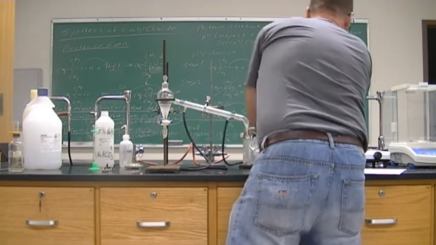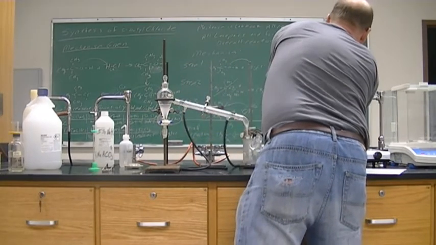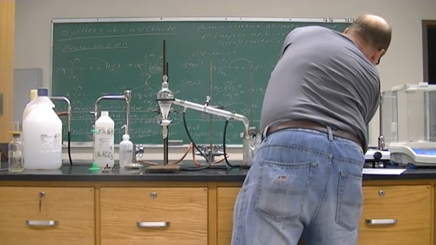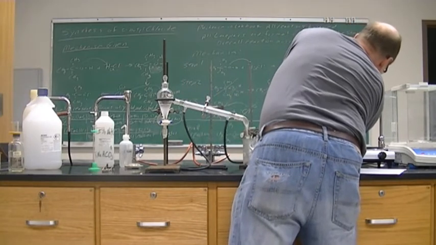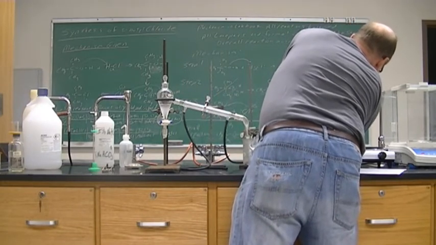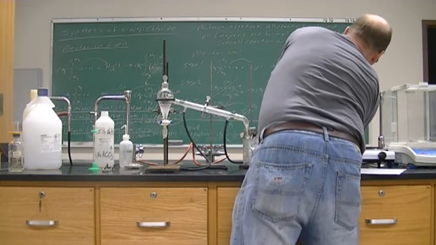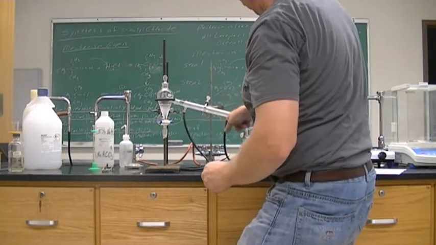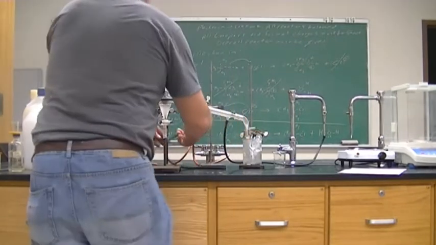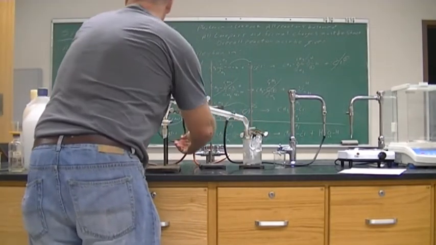Now again, the water is going to go in the bottom so that it then fills up the entire condenser, and then it goes out the top. If you go in the top and out the bottom, it's just going to have water at the bottom and that's it. So you want to go in the bottom, out the top.